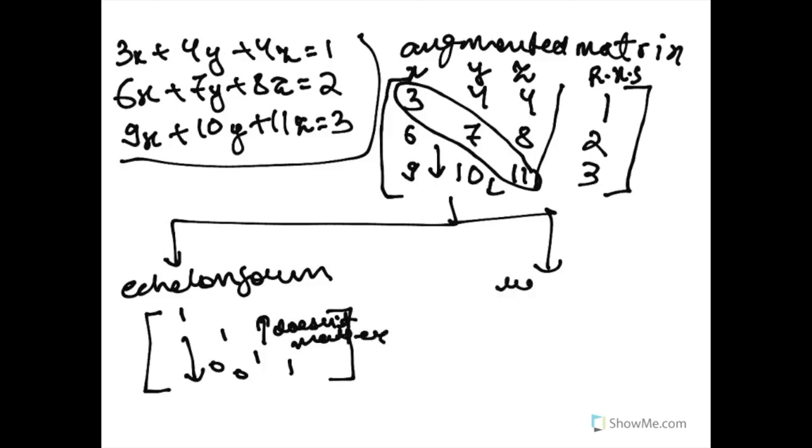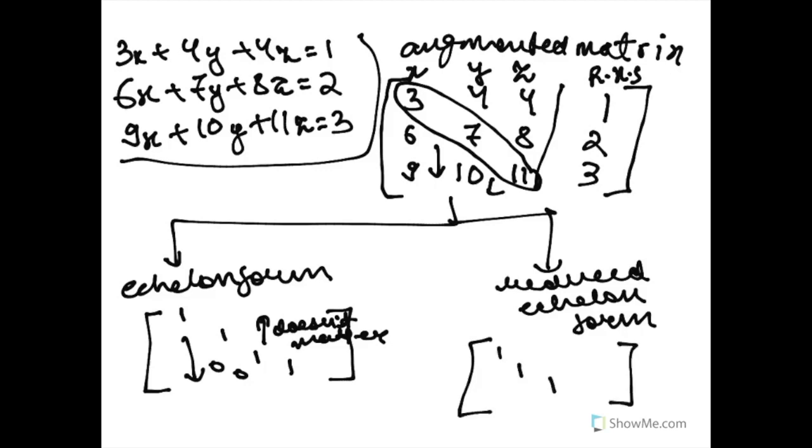And another is reduced echelon form, where all the diagonal entries are 1, and everything below the diagonal should be 0, and above the diagonal should be 0. There's one thing you need to look out for, is it goes from column to column priority.